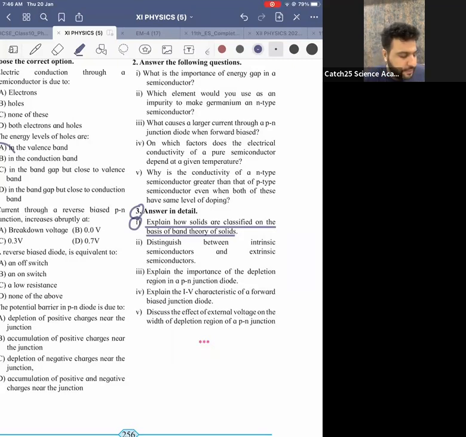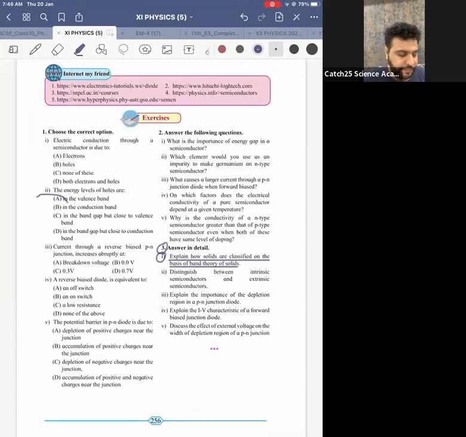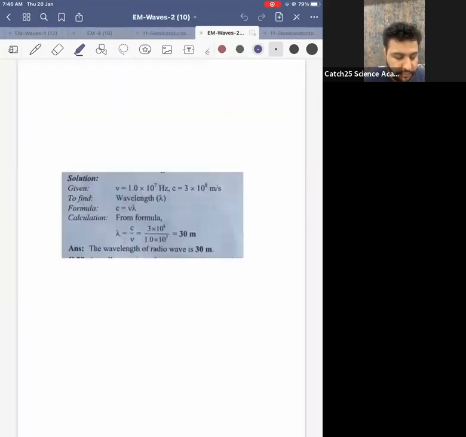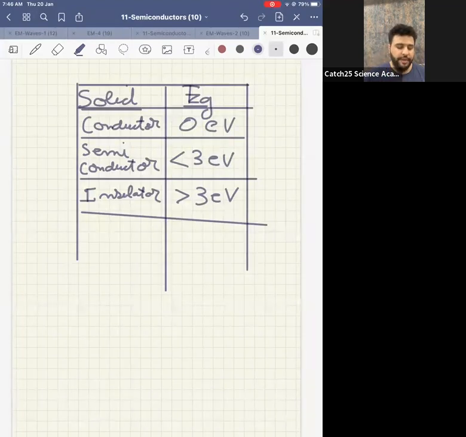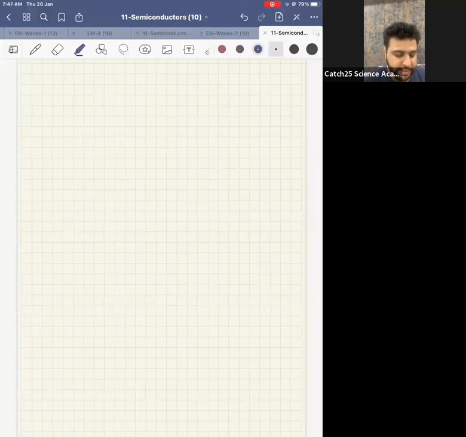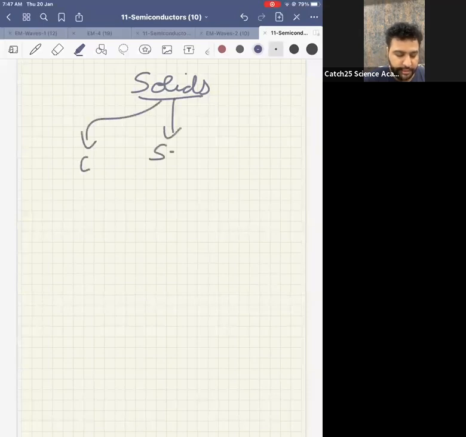Okay. Now, look at the screen. We had solids. In solids, I had conductors, semiconductors, and insulators.